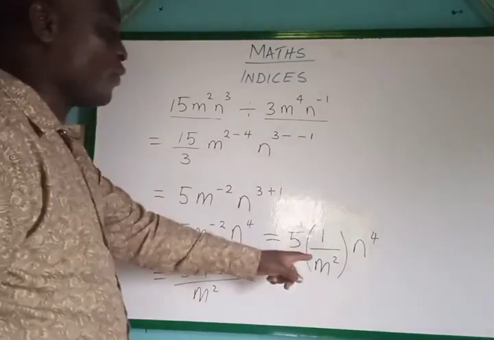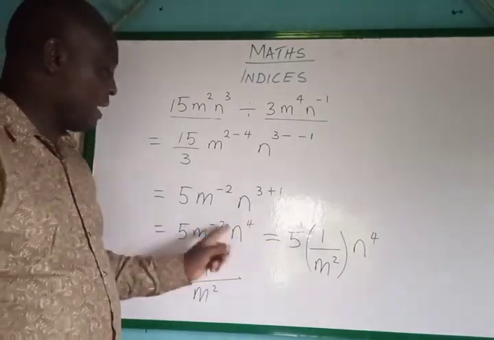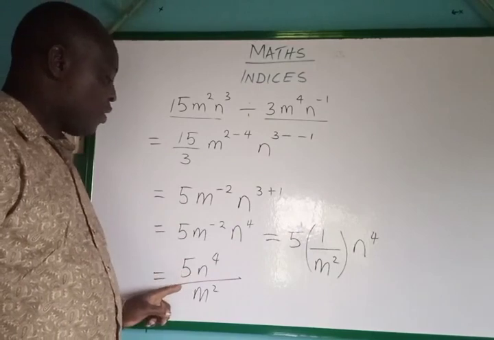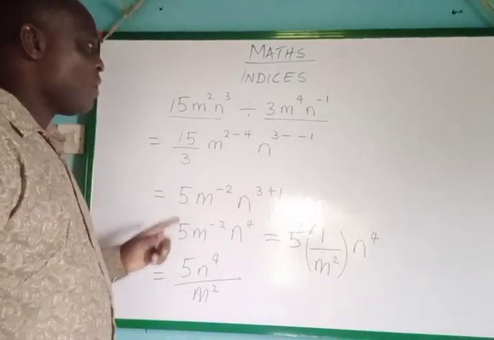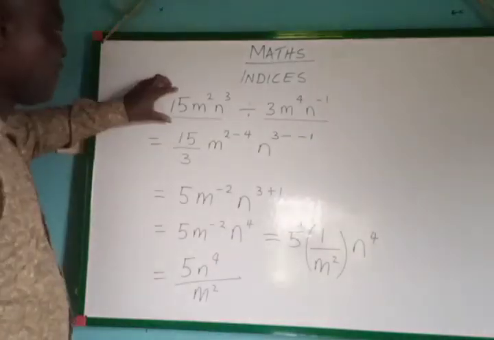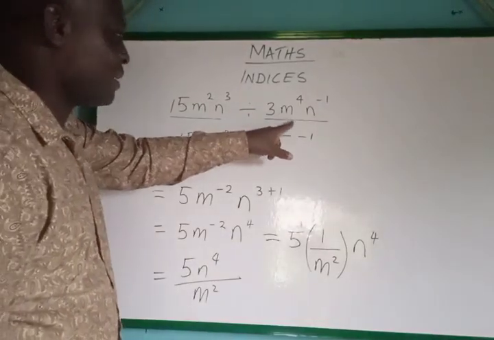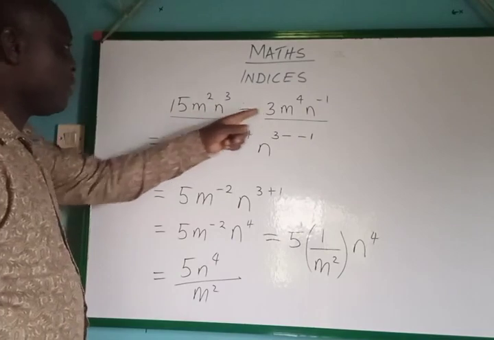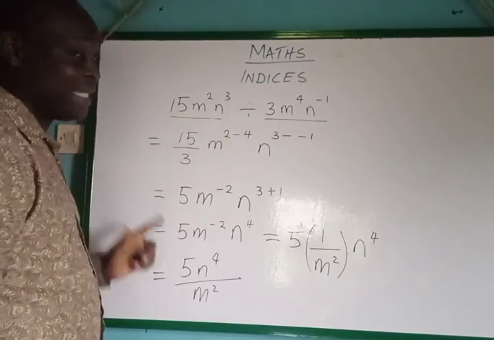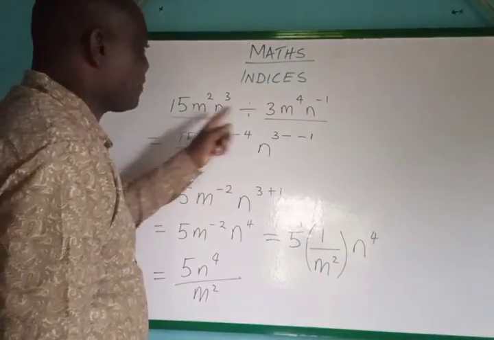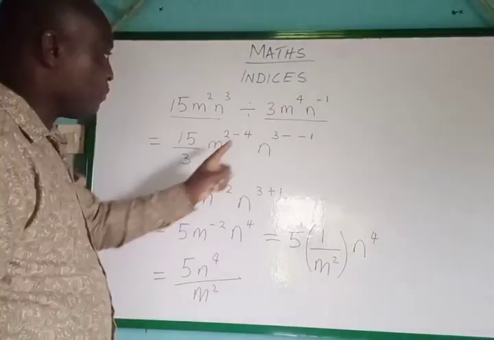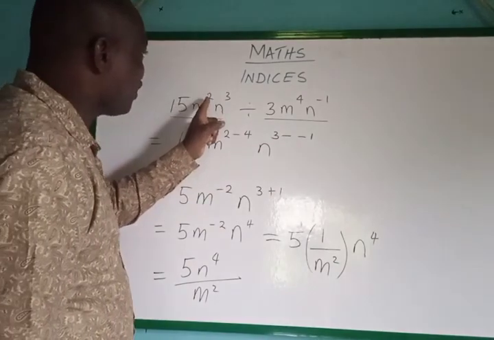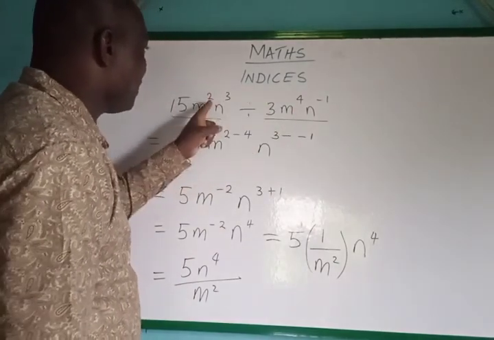But I just wrote this one for you to know what has happened here before we make this one all over m raised to the power 2. What we just did here is this. We have this expression divided by this. We pick the ordinary numbers out, collecting like terms now. We pick m: 2 minus 4. Division law, because the division law says you subtract this from this.